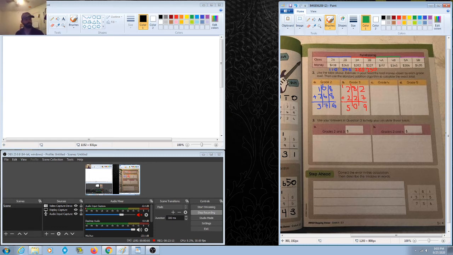So the next one is going to be green. So this is going to be grade 4. So we have 197, which will round to 200. And then we have 345, which will round to 350. So we should have an estimate of 550.